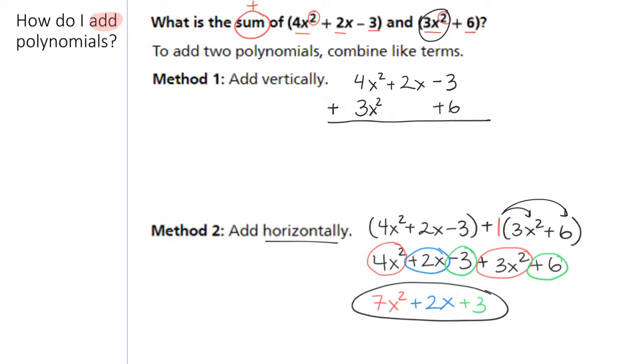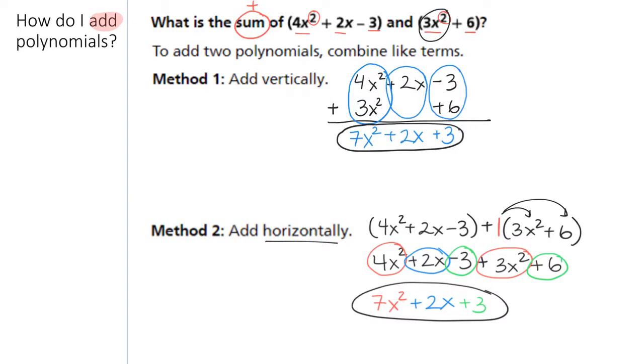Then I'm just adding straight down like we did when we did elimination. Negative 3 plus 6 is a positive 3. 2x is adding with nothing, so that's still 2x. And then I have 4x squared plus 3x squared, which gives me 7x squared. Both of them end up giving you the same answer. It's just a matter of how you like to organize your problem.